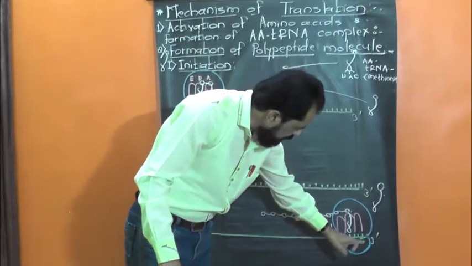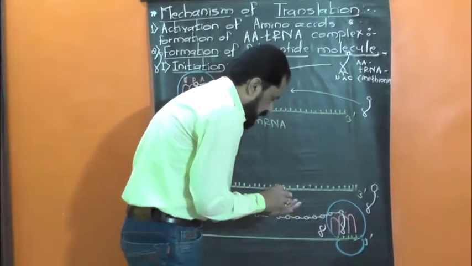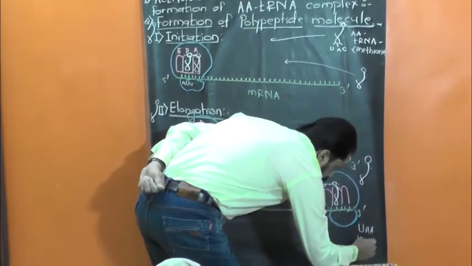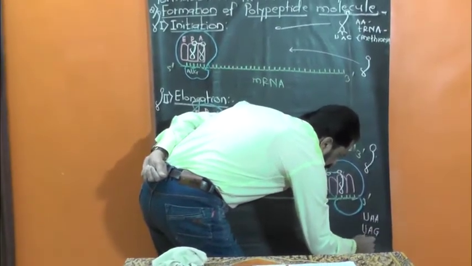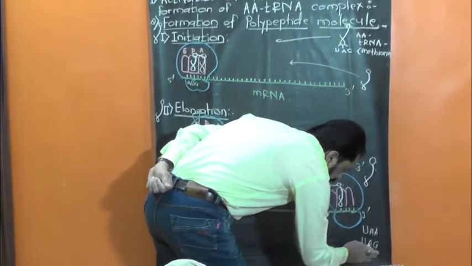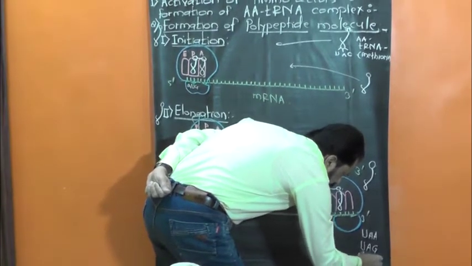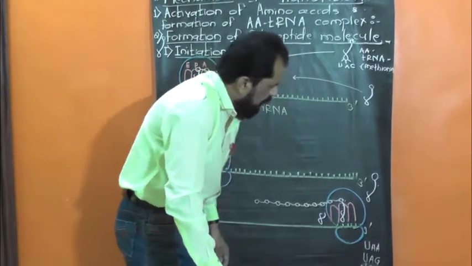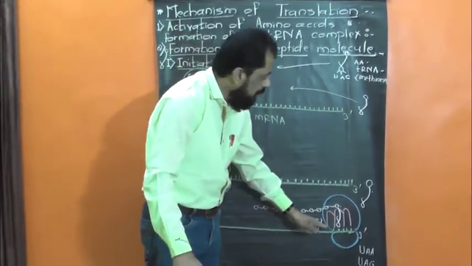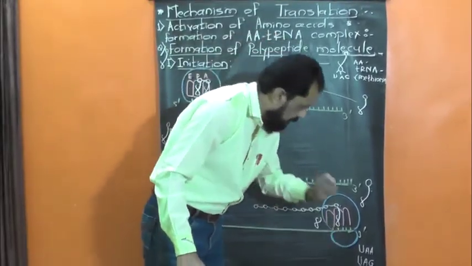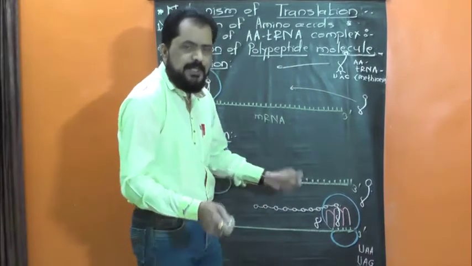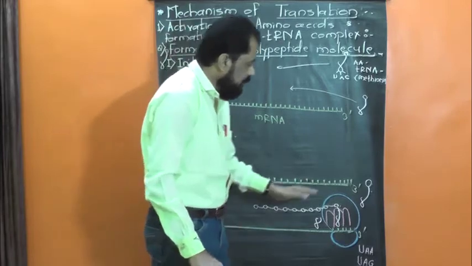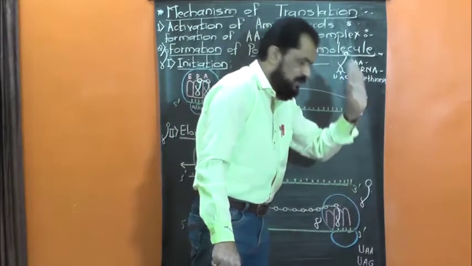You know that nonsense codon may be in the form of UAA, UAG or UGA, and these nonsense codon do not code for any amino acid. Why? Because there is no complementary anticodon to these nonsense codon.